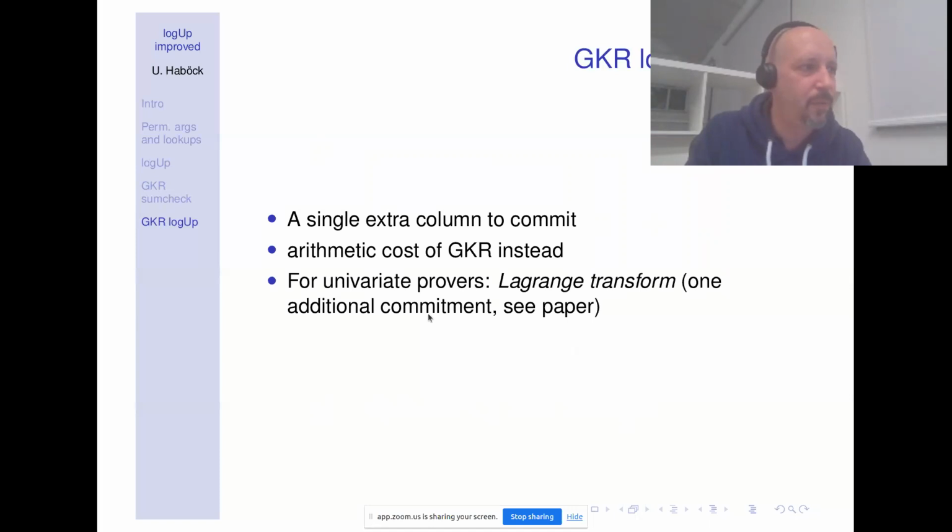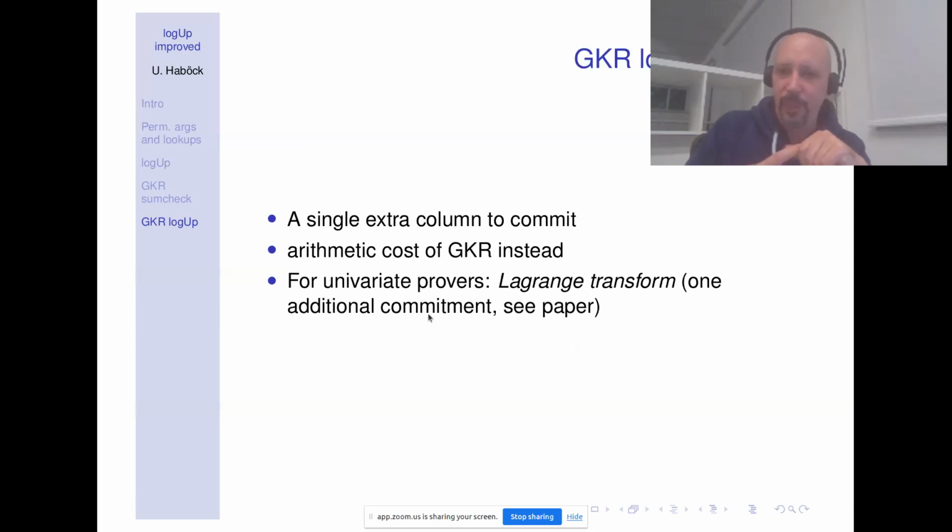And if you run a univariate proof, because GKR is multivariate, you need something we call the Lagrange transform in the paper. It's yet another transform, which turns a univariate polynomial commitment scheme into a multilinear one, so that you can prove multilinear evaluation via a univariate IOP.